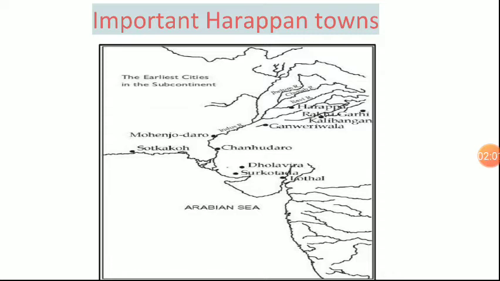So, before we study in detail about the Indus Valley Civilization, we should know the location of this civilization. The civilization spread over a vast geographical region from the high mountains of Balochistan and Afghanistan to the coastal regions of Makran, Sindh and Gujarat. The important cities of Indus Valley civilizations are Harappa, Mohenjo-daro, Kalibangan, Dholavira and Lothal.